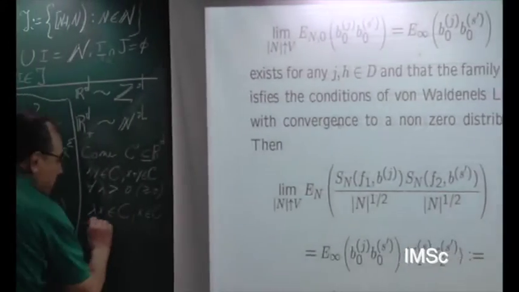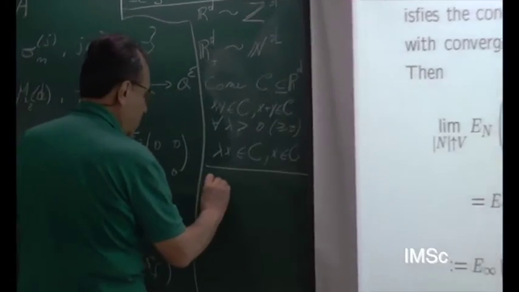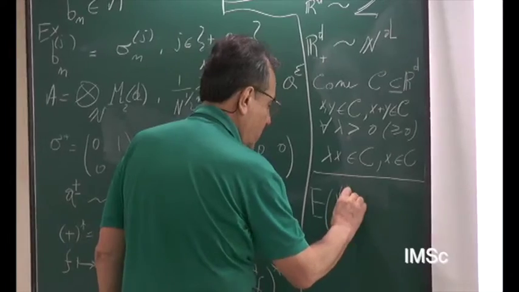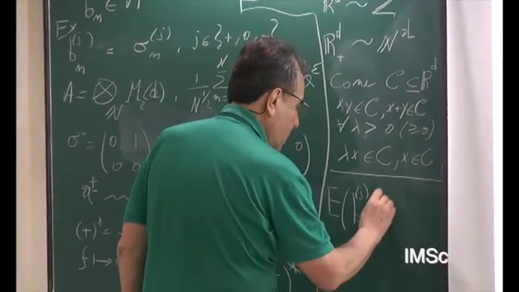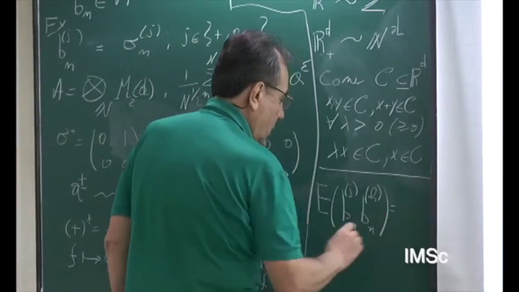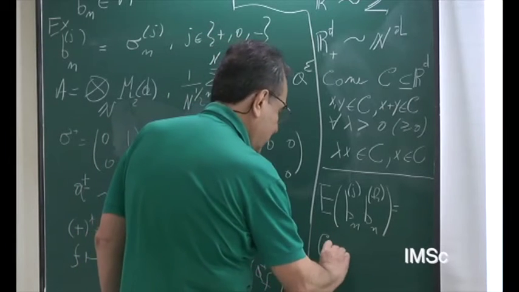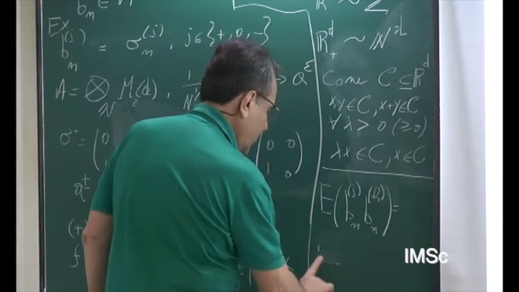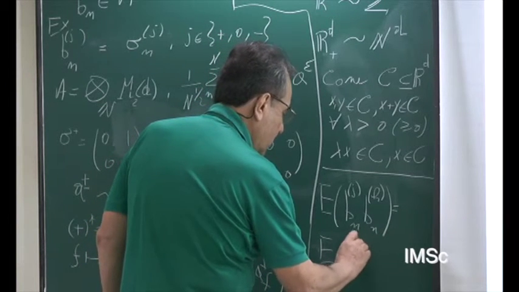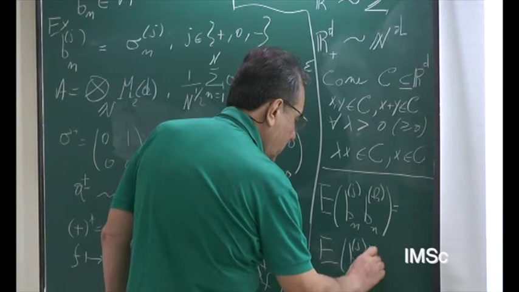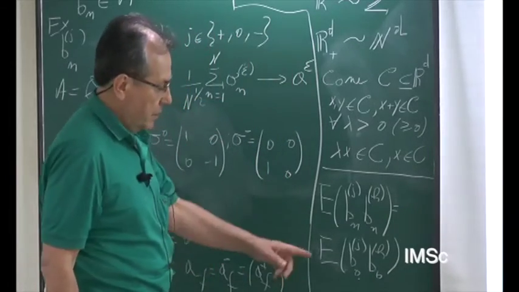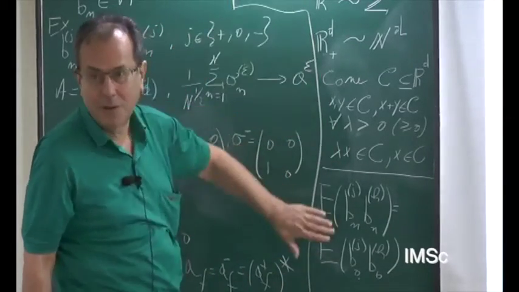We will make the stationarity assumption that E of B J N B H N is equal to some c of, well, in fact, by stationarity we can say equal to E of B J 0 B H 0, where 0 is, now we are in R^d, so 0 is the 0 of R^d.